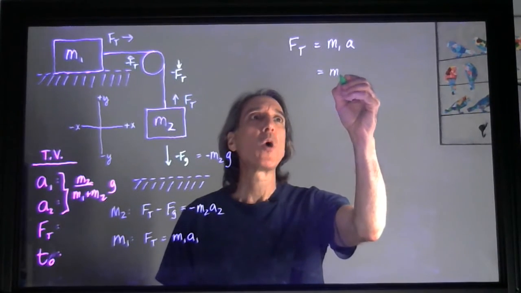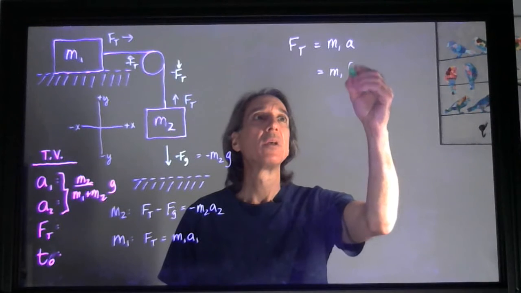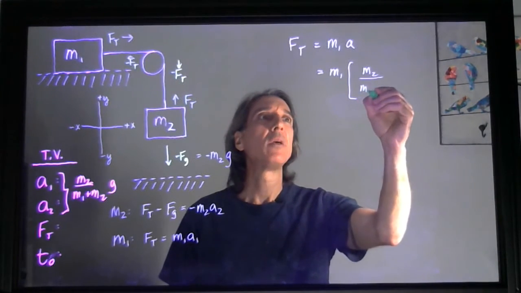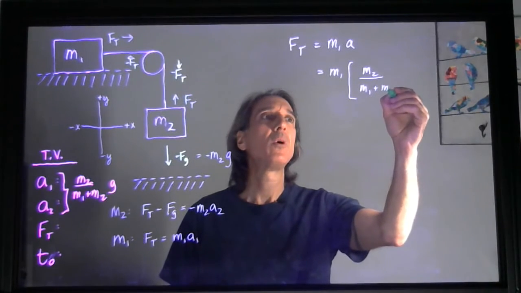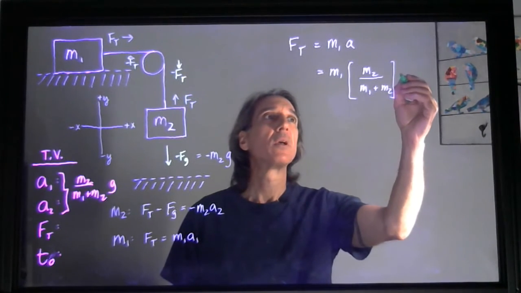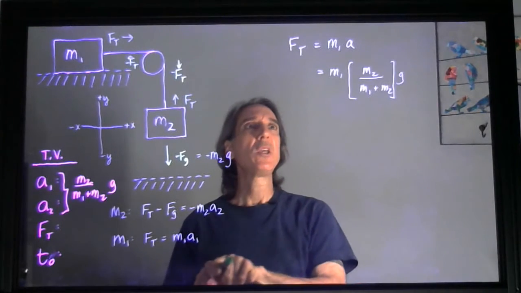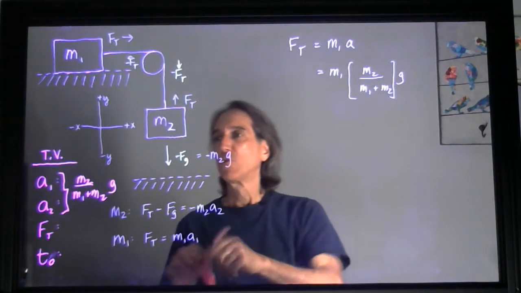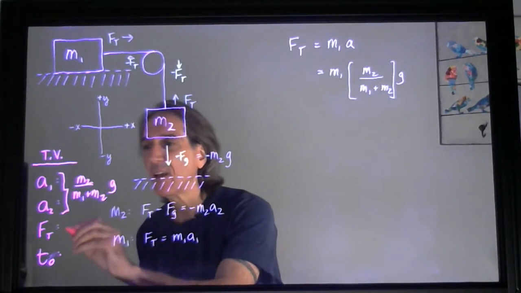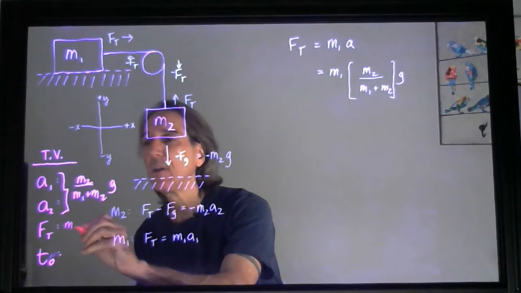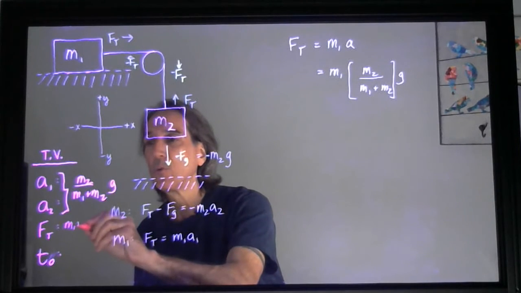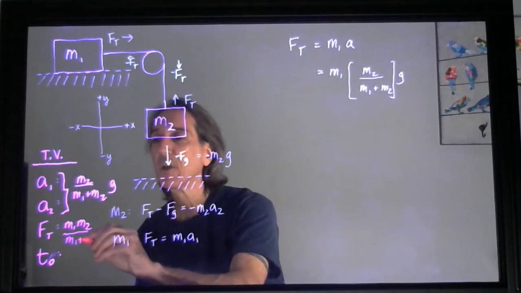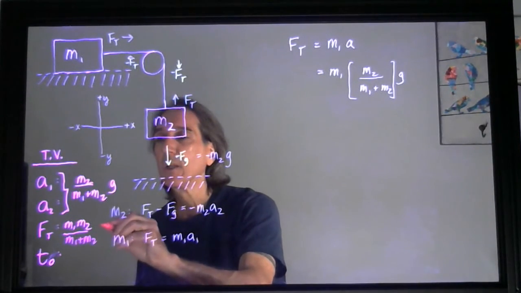It is equal to m1 times m2 divided by m1 plus m2, times g. That's the tension force in the cable based on the mass. So let's see if we can squeeze that in down here. We have m1 times m2 divided by m1 plus m2, times g.